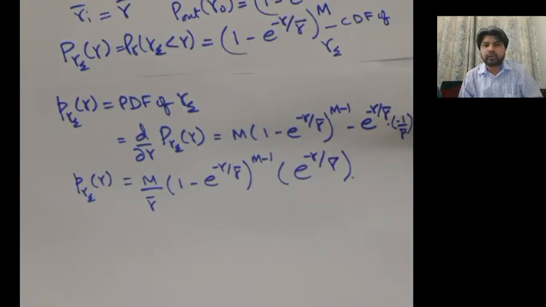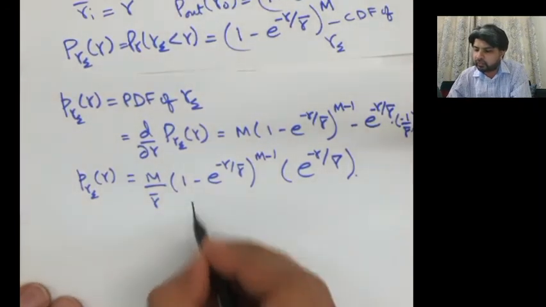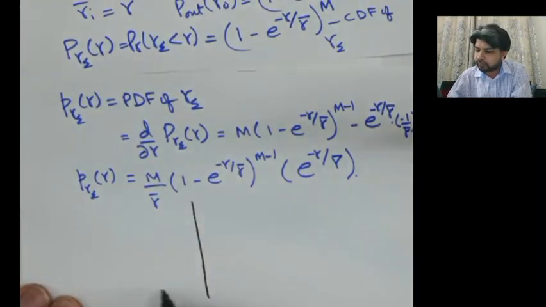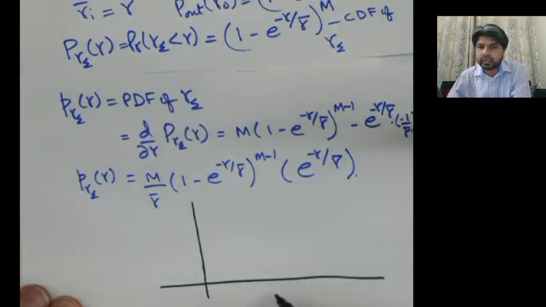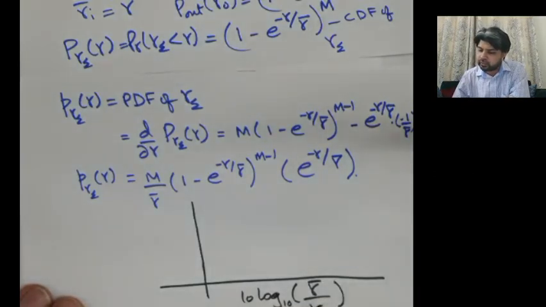on the x-axis you have 10 log 10 of gamma bar normalized with the threshold gamma naught. That means this is your gamma bar over gamma naught in dBs.